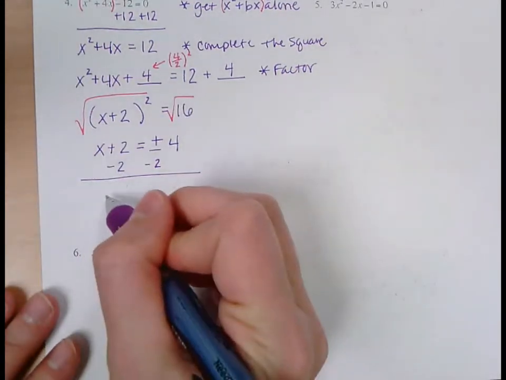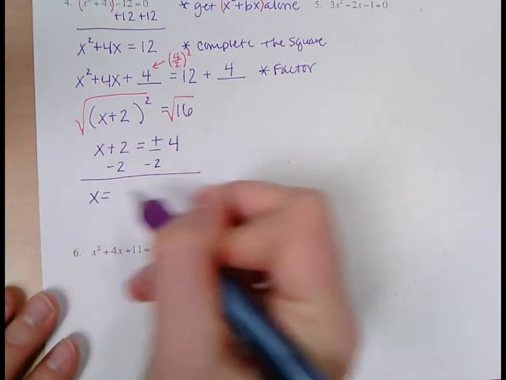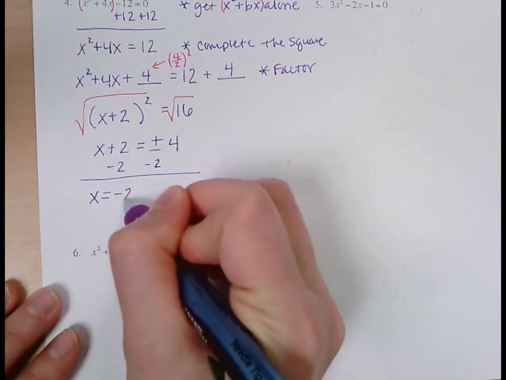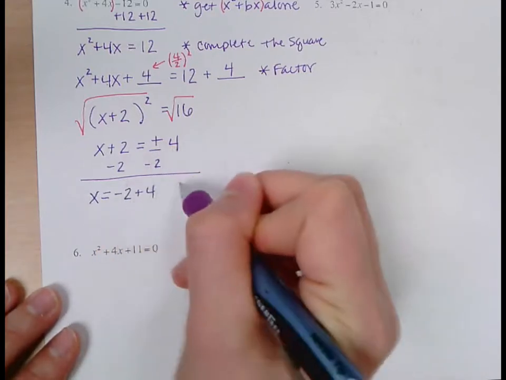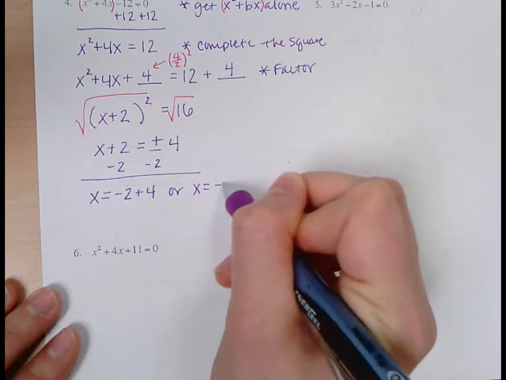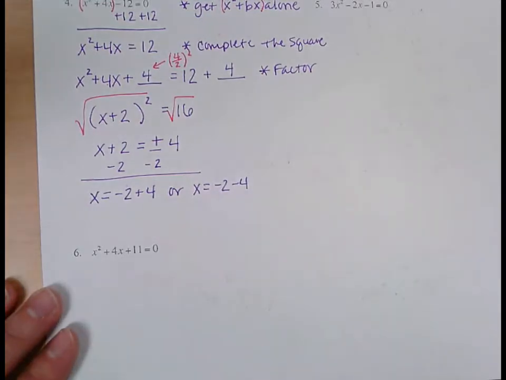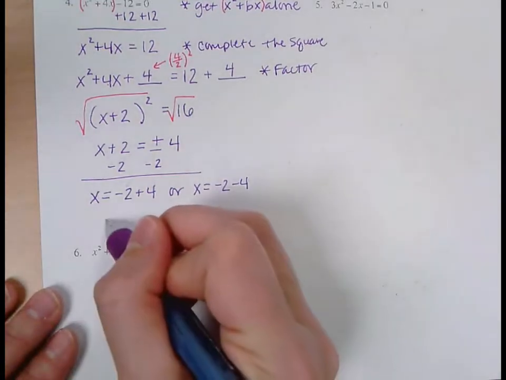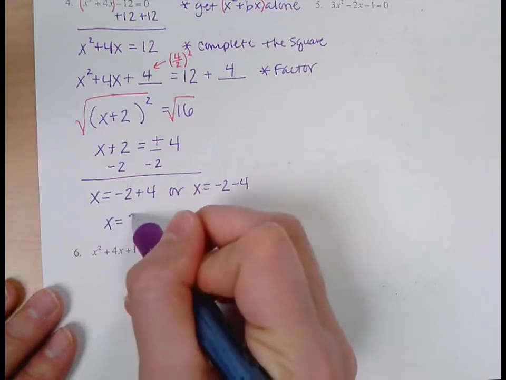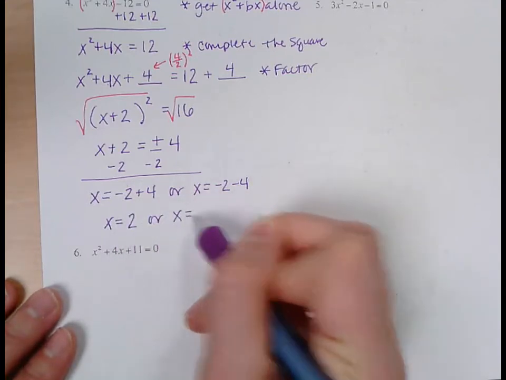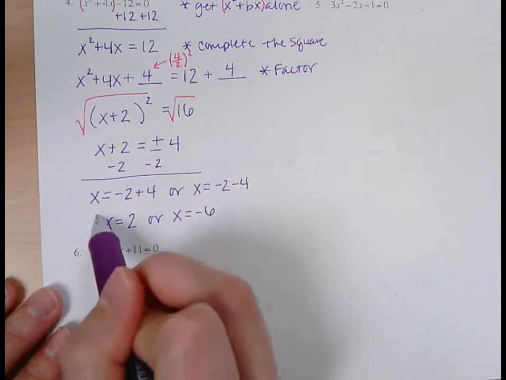Again, you have 2 answers. One is negative 2 plus 4. The other is negative 2 minus 4. So one of your solutions is positive 2. The other is negative 6.